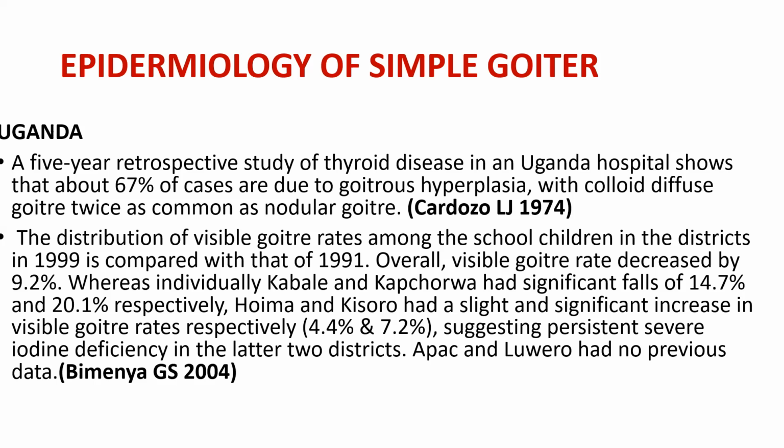Thus, Kapchorwa was 20 and Kabale was 14.7. Now, Hoima and Kisoro had a slight significant increase in visible goiter rate, respectively by 4.4 and 7.2. This suggests severe iodine deficiency in the latter two districts.